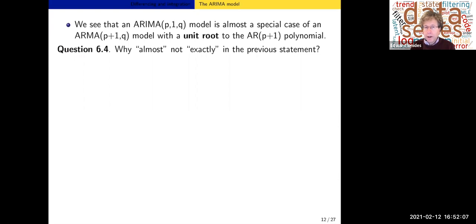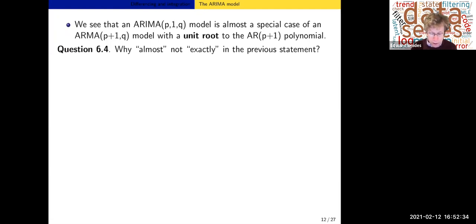One thing you might notice about the ARIMA(p,1,q) model is it's very close to being an ARMA(p+1,q) model with a unit root added to the model. And let's just think about why it's almost but not exactly the same. Well, there's a little detail that's different, but it can be an important difference to bear in mind in practice.